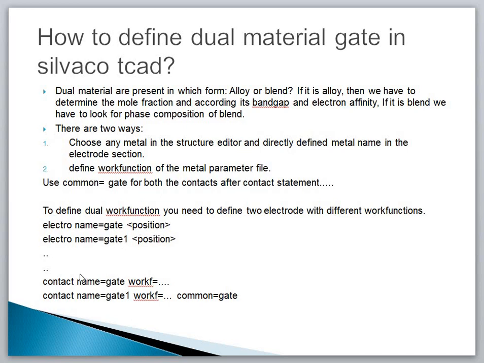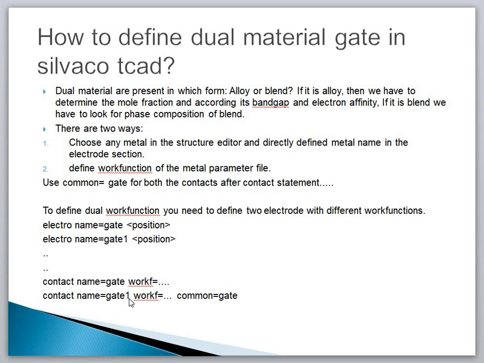Next, we have to define the work function in the contact statement. Contact name gate, work function for example 4.0 electron volt, and contact name gate 1, this is the auxiliary gate, for example work function 4.8 electron volt. You have to mention the common equal to gate statement. Why do you have to define this statement? If you don't apply this statement, then a different voltage will apply at the auxiliary gate and the tunneling gate.